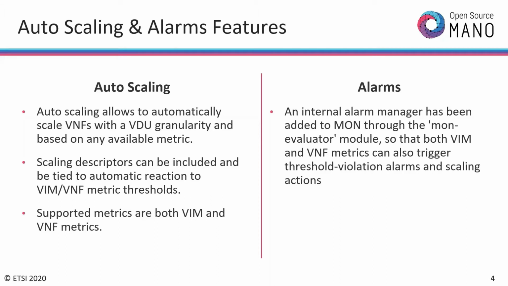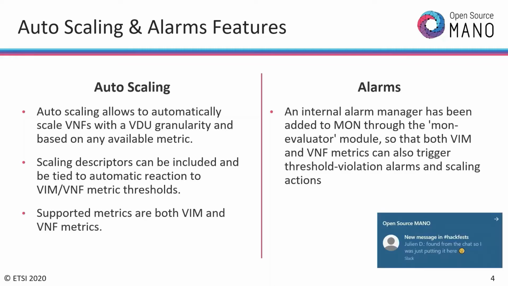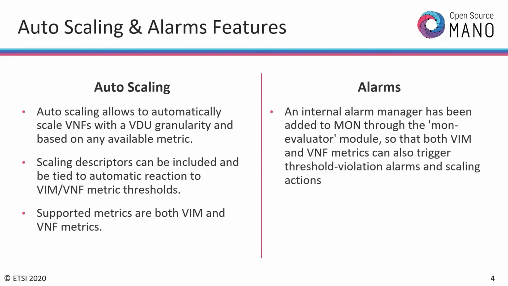Auto scaling means that whenever there is a threshold breach of any of the metrics, then the VNF scales with a certain granularity. You can provide the information about when to auto scale, on what condition to auto scale, in the VNF descriptor. And there is another feature called alarms.